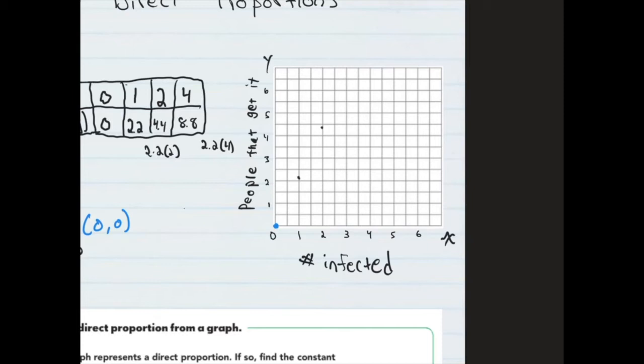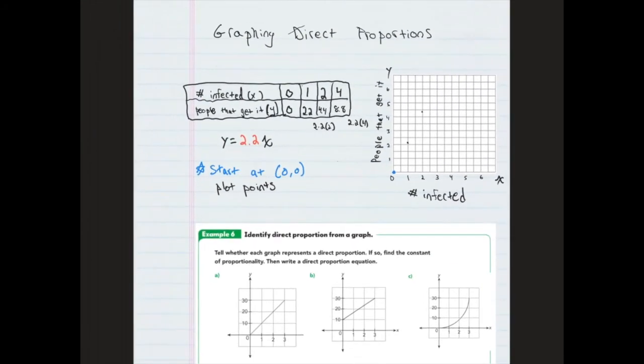So that's what we want to do next. We're going to make a line through the points. So draw a line through the points, kind of like connecting the dots. Remember, it's going to start at 0, 0.